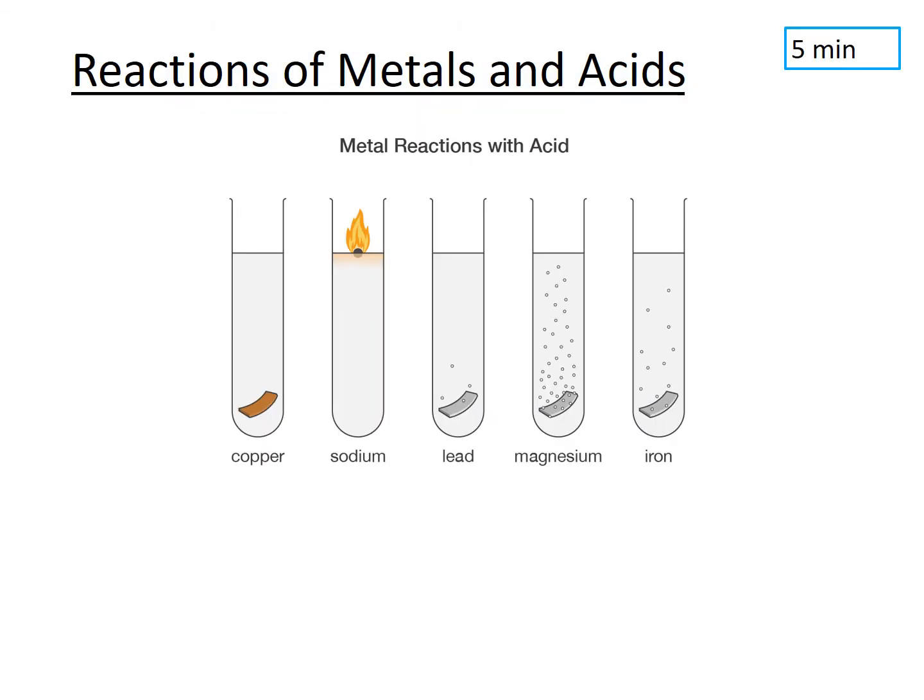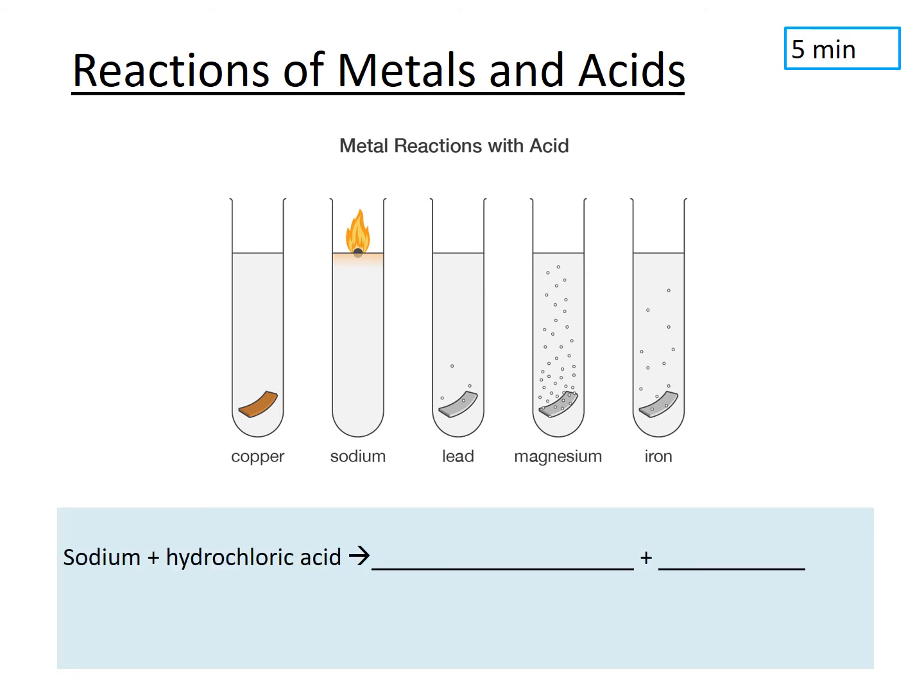Okay. So we know that when a metal and an acid react, they make a salt and hydrogen. And if we use the example of sodium and hydrochloric acid, if you remember, this is one of the 3 acids that we said at the beginning, sodium plus hydrochloric acid makes a salt and hydrogen. So I'm just going to fill in here that I know hydrogen has been made.